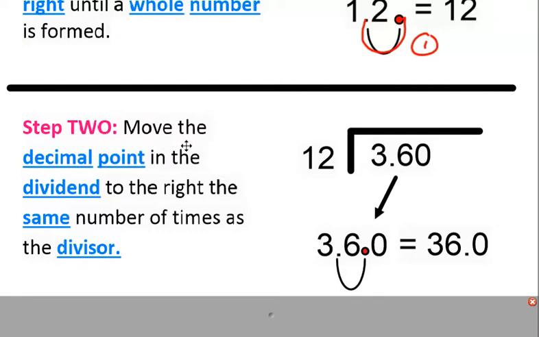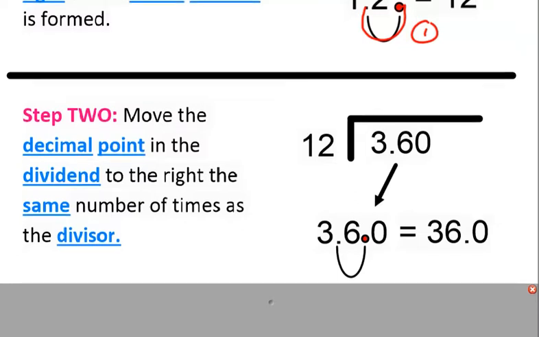So step two says move the decimal point in the dividend to the right the same number of times as the divisor. Now it's at this point that I would definitely recommend that you rewrite the problem. A lot of people like to just keep their little squiggly lines and keep going. I would rewrite the problem. So you would rewrite it as 12 on the outside and 36.0 on the inside.